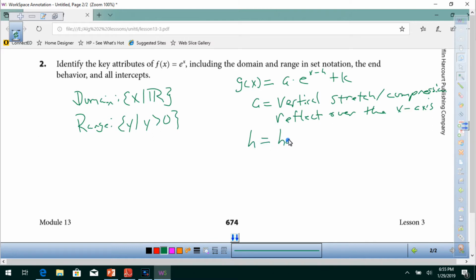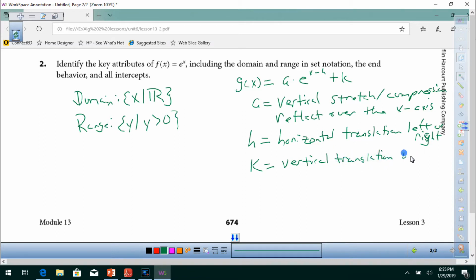H, horizontal translation, left or right, and then K, vertical translation, up or down.